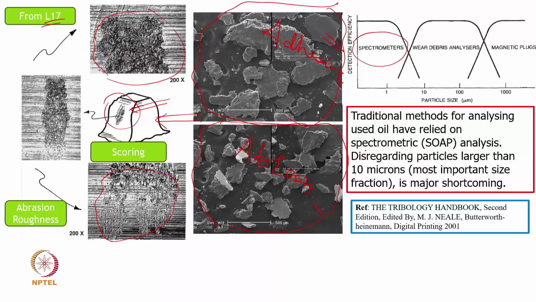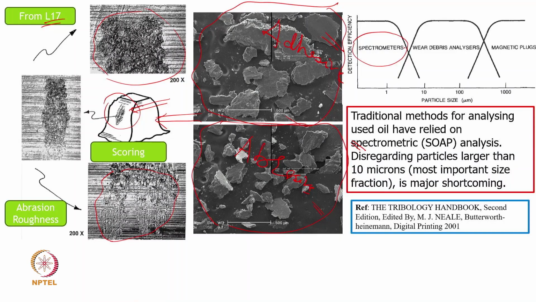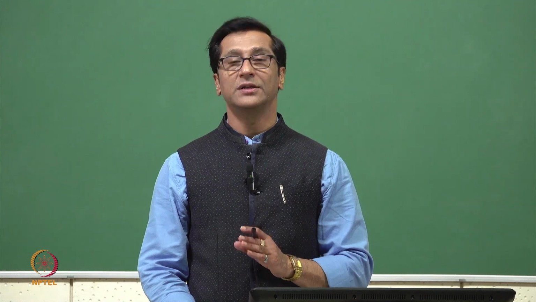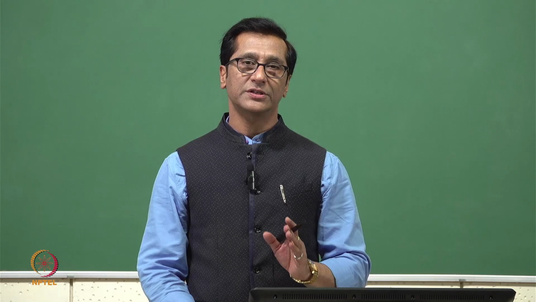For that purpose spectrometric analysis is good. The only problem with spectrometric analysis is that any particle larger than 10 micron is generally rejected, and that's where debris starts. We say no, don't reject particles of 10 micron size or above. Those particles are very important to figure out whether the surface degradation is on the high side.